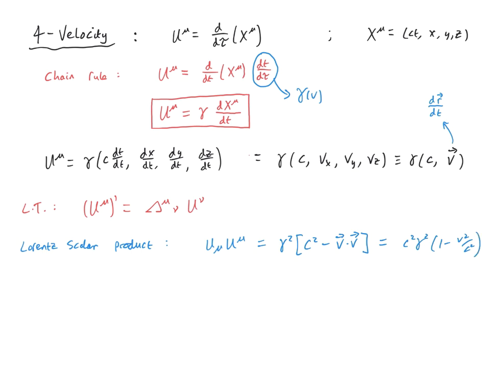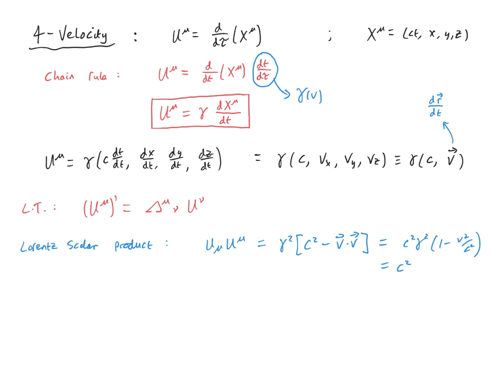Interestingly, this object can be seen to be exactly simply c squared. That's because the definition of the Lorentz factor gamma is 1 over the square root of 1 minus v squared upon c squared. So this factor gamma squared out the front here cancels with this factor in the bracket, leaving us overall with a factor of c squared.